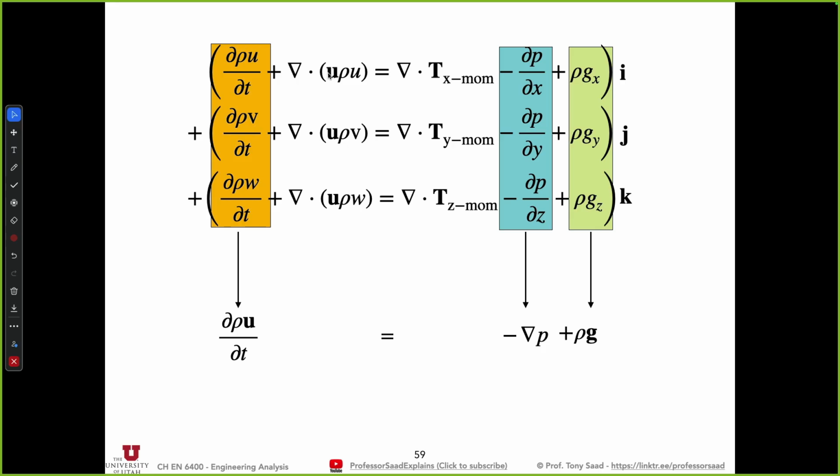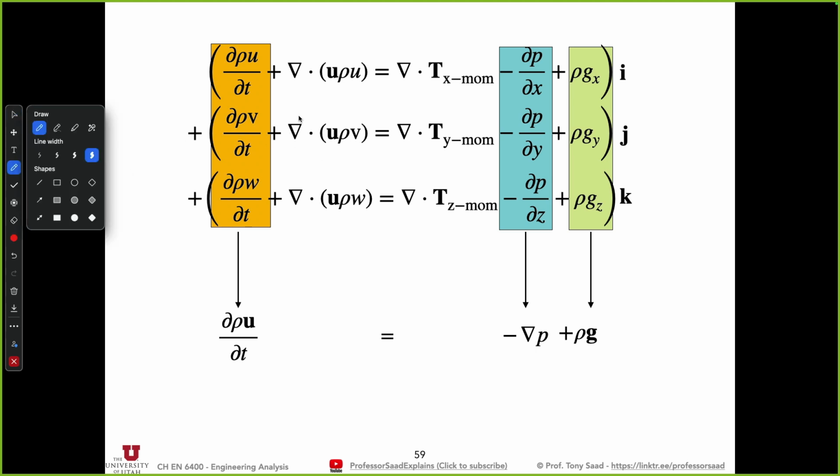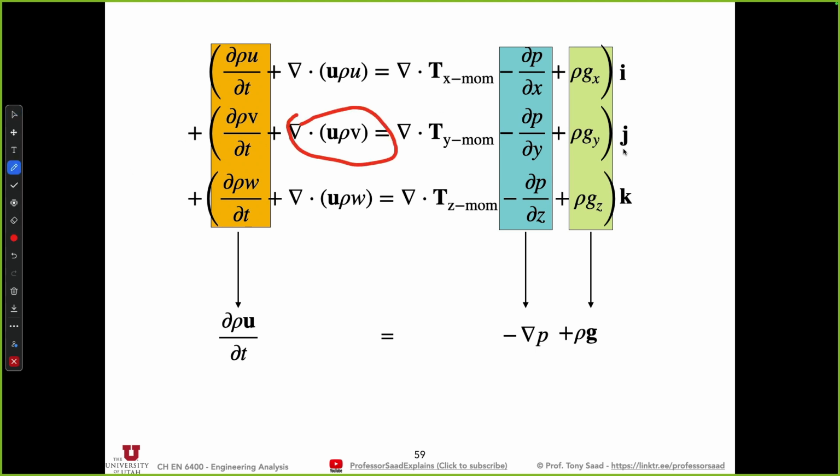That's so weird, right? Same thing for div u rho v. There's ijk in u and in div, but this entire term is in the j direction, although inside it there's ijk dotting with each other, right? It's so weird. How can we write this? How the heck do we write this?